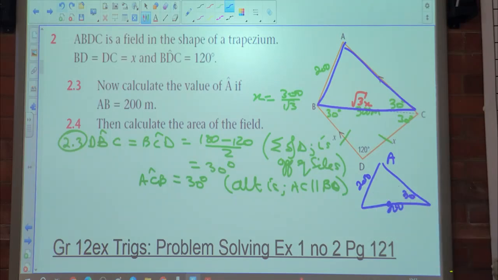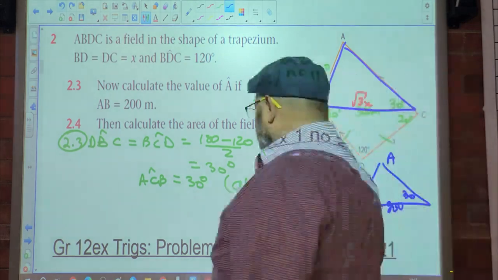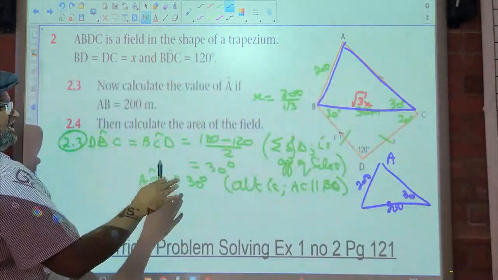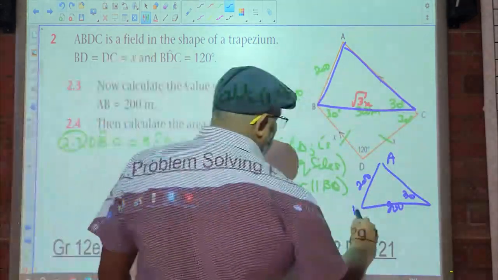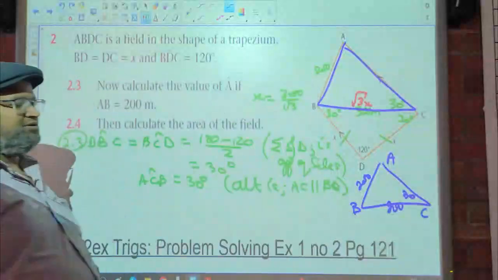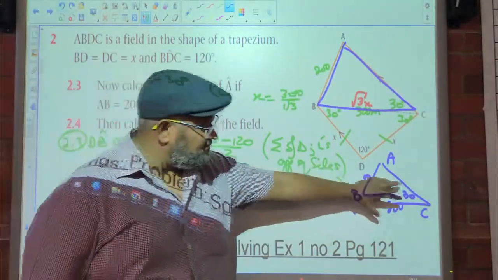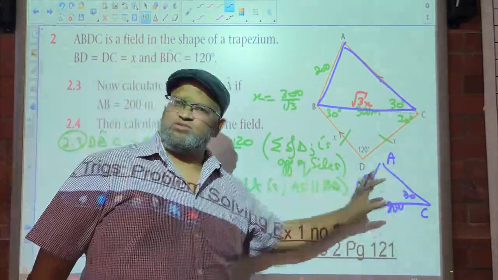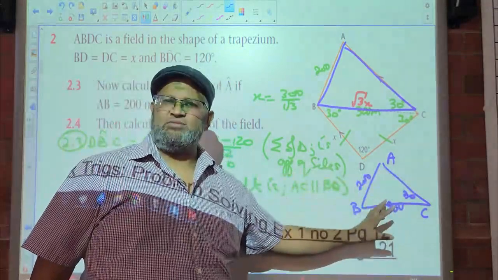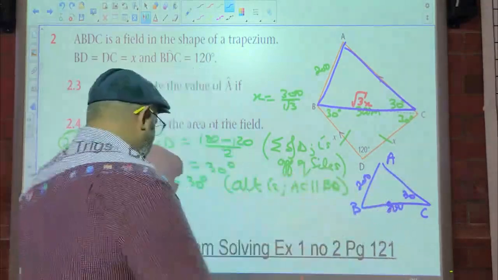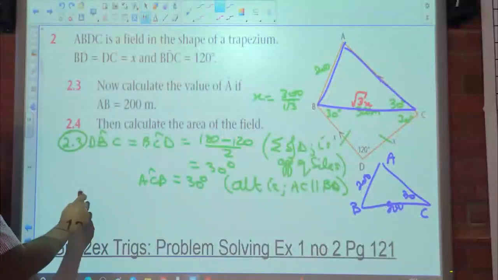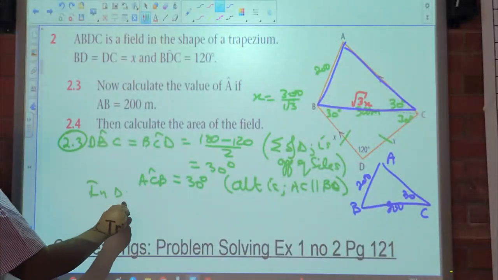You guys understand? If you want, you can call it triangle ABC. Since I'm drawing this all the time next to the sum, you'll know exactly which triangle I'm working with.